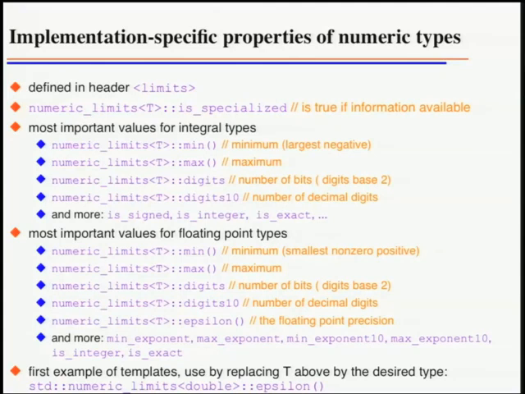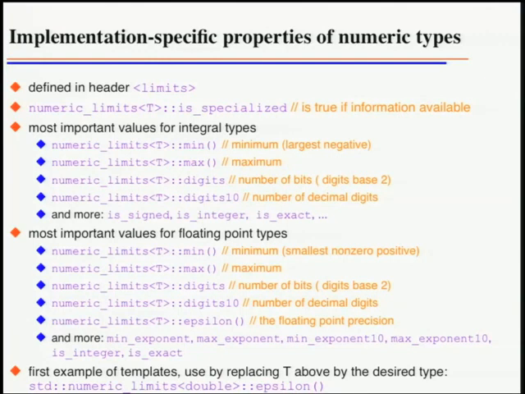There's a lot of important information in there, most notably for integral types. You have the largest negative number min, the largest positive number max, the number of digits in base 2 and in base 10, and a lot more. For floating point types, you're typically interested in the minimum min, which in this case is the smallest non-zero positive number.